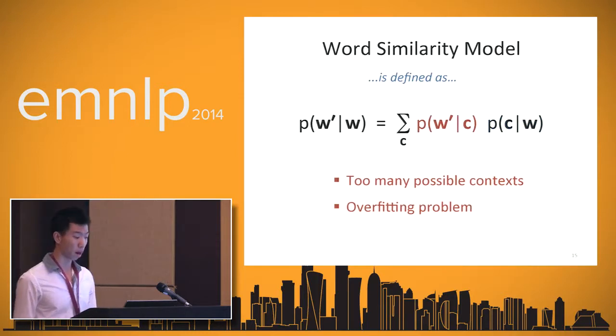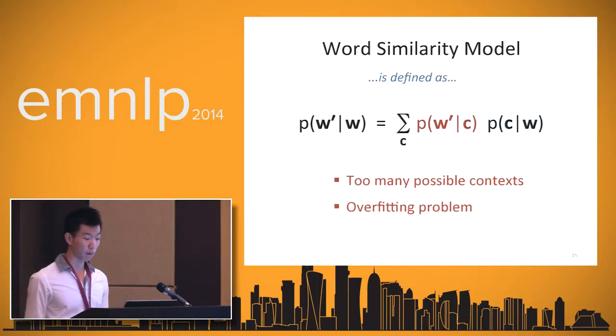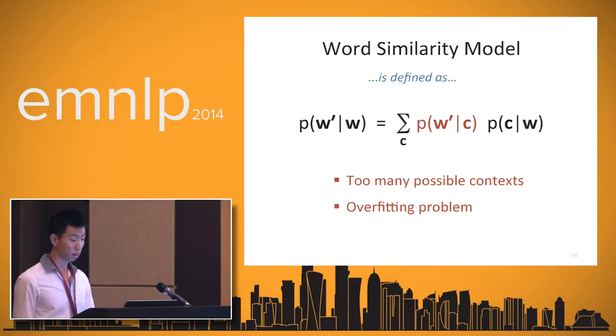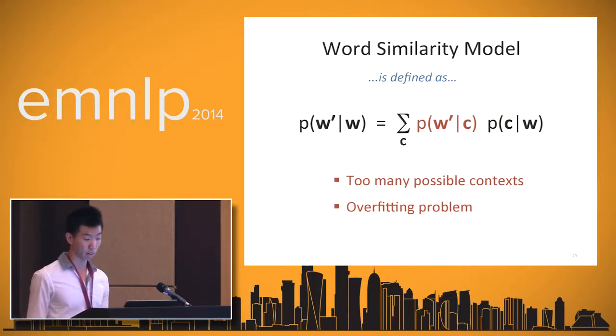However, modeling the probability of W prime given the context is a little bit difficult, as the number of possible contexts is exponentially large. For example, if you consider a context with word window 10, the number of contexts is equal to the vocabulary size raised to the 10th power. So there will never be enough data available to train this.